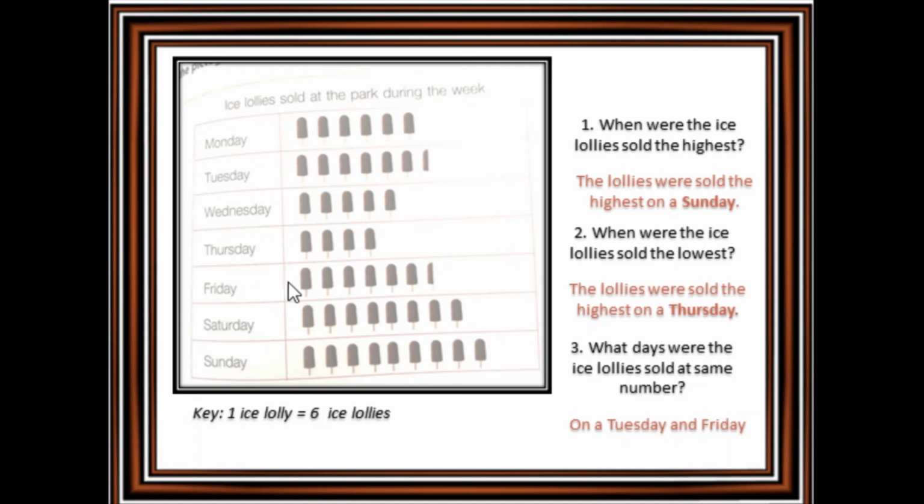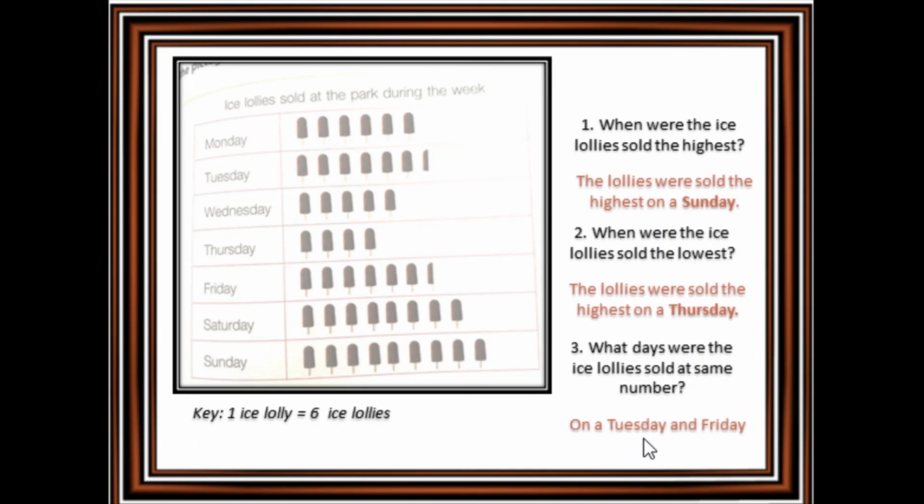Just to check. 6, 12, 18, 24, 30, 36 and a half. How many? 39. Therefore, Tuesday and Friday have the same number of ice lollies sold.